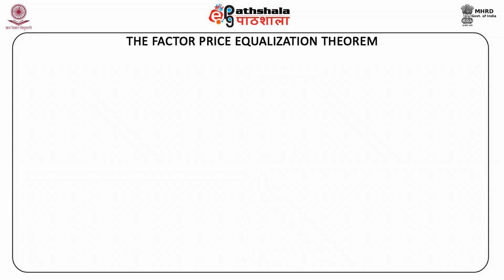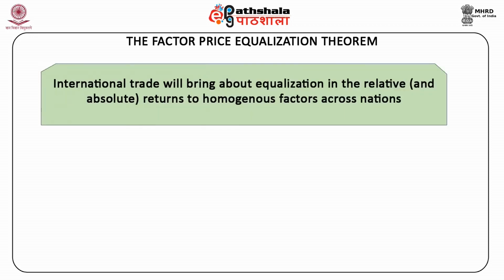Thus, the theorem can be stated as: international trade will bring about equalization in the relative and absolute returns to homogeneous factors across nations. That is, homogeneous labor will earn the same wages in all trading nations, and homogeneous capital will earn the same interest rate in all trading nations.